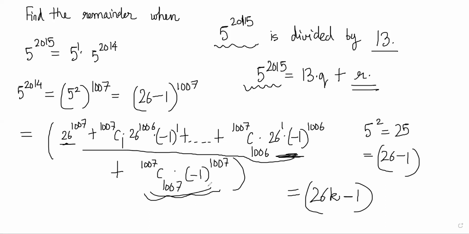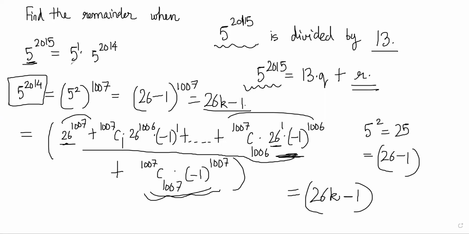This last term is minus 1. Every term before that is 26 into something because you can take 26 common. So 5 power 2014 is becoming some 26k minus 1, right? So our 5 power 2015 is 5 times that. So you'll do 5 times 26k minus 1. You will get some 130k minus 5, right?